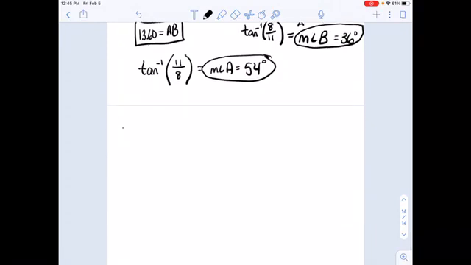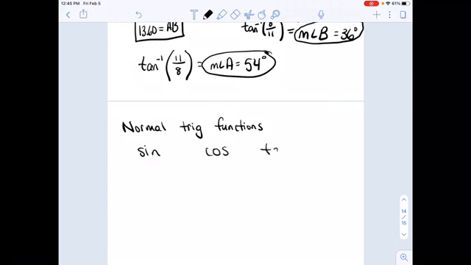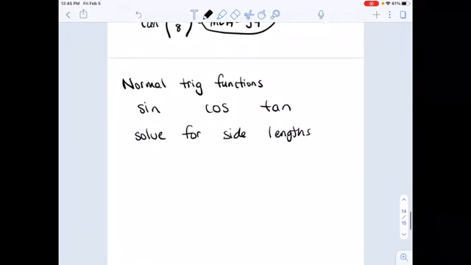So real quick, normal trig functions, I should say. We'll say sine, cosine, and tangent. These solve for side lengths. You can scroll up to the beginning of the notes and see that.